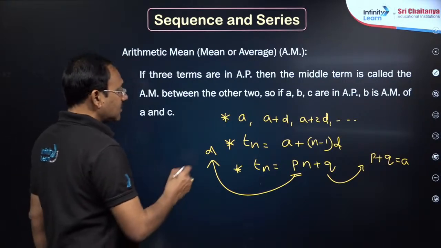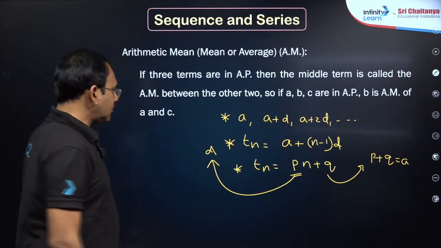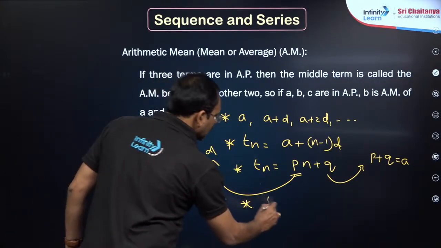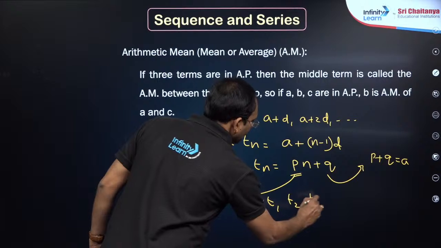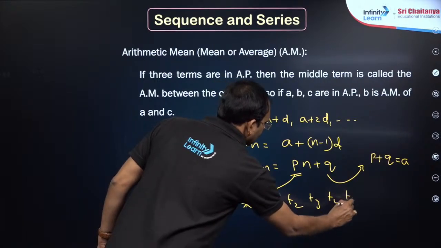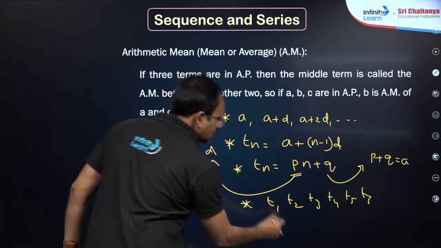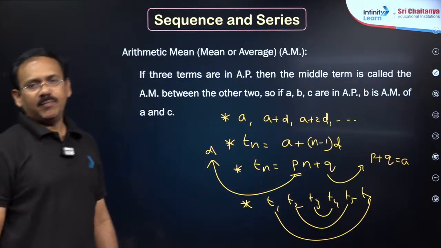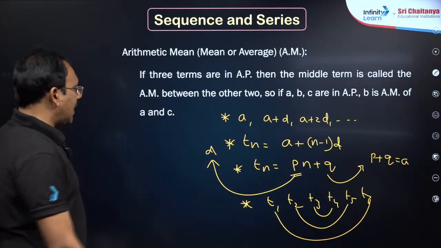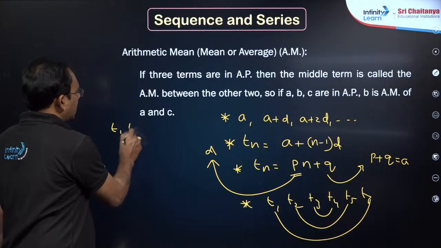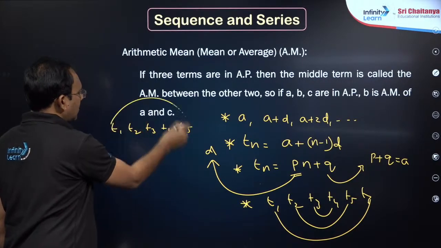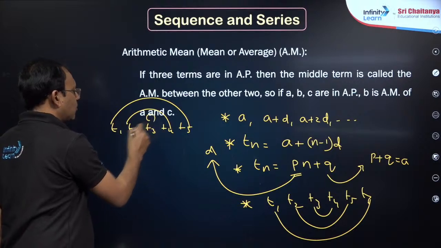The next important point: if you take T1, T2, T3, T4, T5, T6, this sum is equal to this sum is equal to this sum. That is a beautiful property of an AP. Suppose there are 5 terms T1, T2, T3, T4, T5, then T1 plus T5 equals T2 plus T4 equals twice T3.